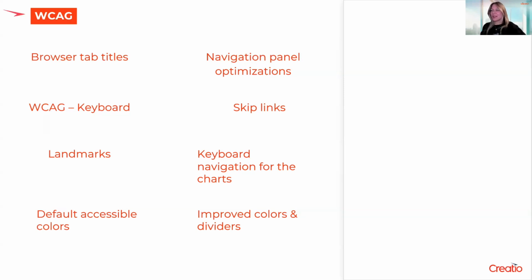So, recent updates. We have improved navigation and accessibility in Creatio. As you can see, browser tabs now show meaningful titles for easier navigation. Sections can be opened as regular links. Enhanced keyboard support will allow better control in menus. We have tooltips and charts. Accessibility improvements include screen reader support, better contrast options like I've mentioned, and navigable charts, making the platform, I believe, more user-friendly for all of our colleagues.